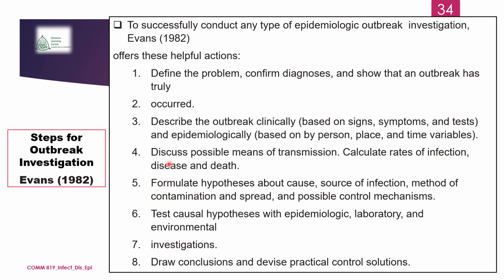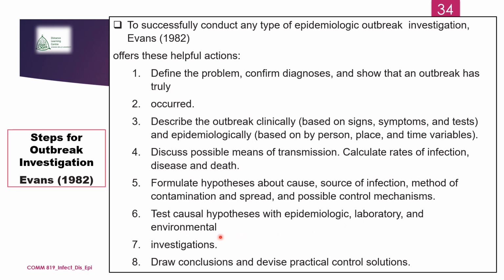Then you need to also discuss possible means of transmission of that particular factor, then calculate the rate of infection, diseases, and death. You need to formulate hypotheses about causes, source of infection, method of contamination and spread, and possible control mechanisms.